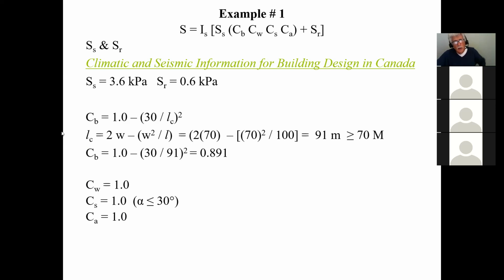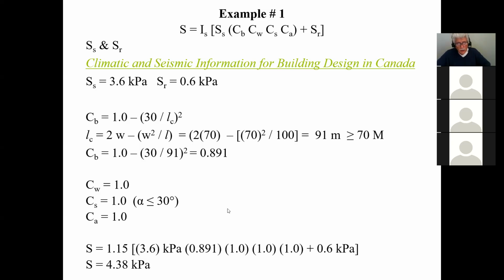So now I've got the values of every factor or variable in this equation, and I simply have to put everything in here. I end up getting a snow load of 4.38 kPa. So what does that mean? Here's my roof, sorry, I'm drawing a little crooked.